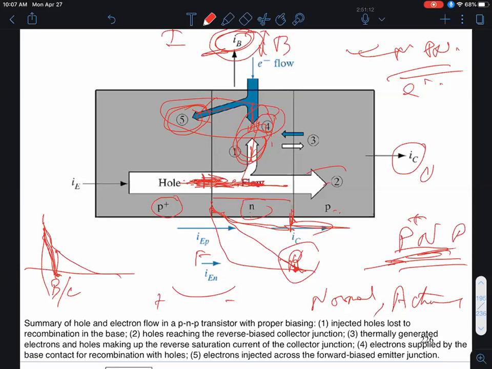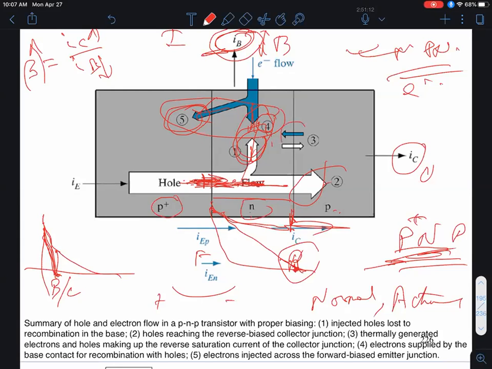You want this current, IC, to be as large as possible, because then you get a so-called large gain beta. This is called your common emitter gain, which is the output current, collector current, over the input base current. Okay, you want this to be as high as possible, which means you want IB to be as low as possible, IC to be as high as possible, okay?